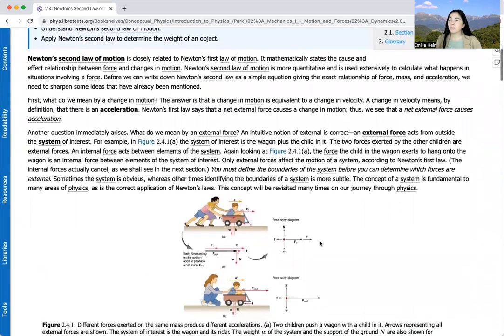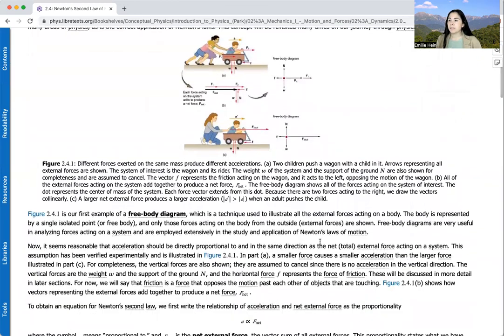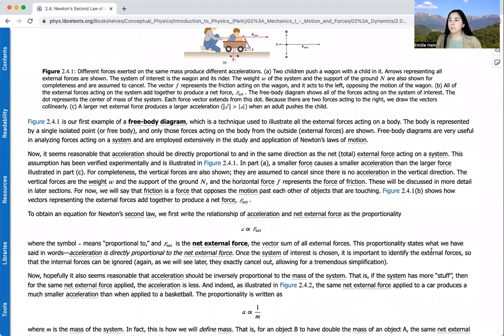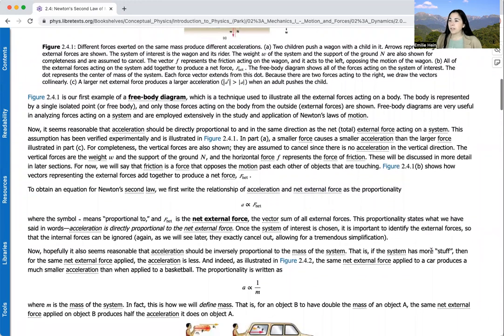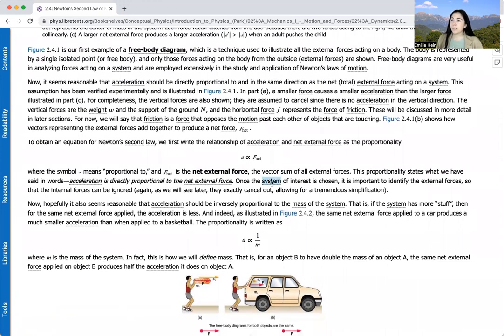All right, so again, it's going to be stated here. And it's given in words, but you'll see that because it depends on variables like the acceleration, the mass that we just talked about in the previous page, and force.